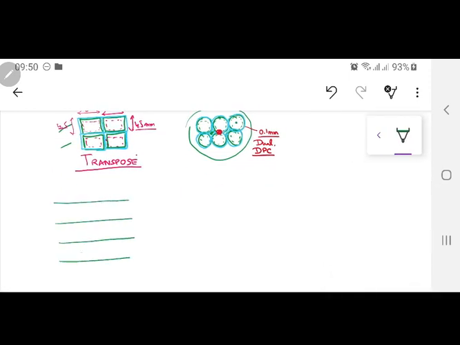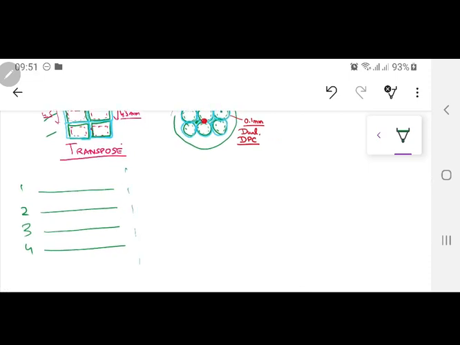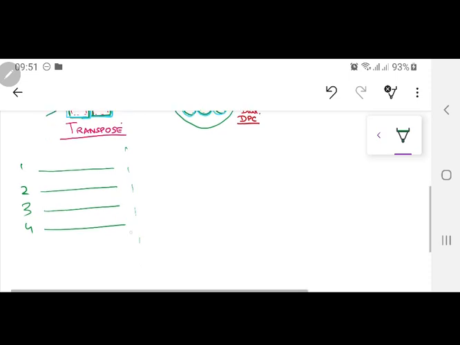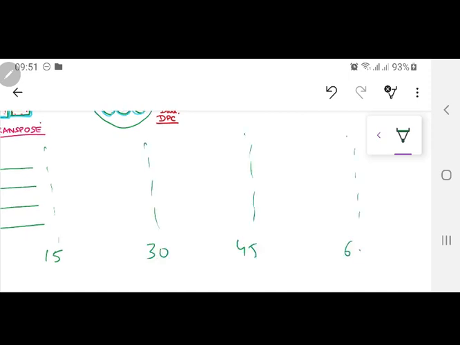These were 4 conductors making the low voltage winding. Suppose there were 60 turns in the low voltage winding, just for example. Up till this point this is 15, up till here 30, up till here 45 turns, and up till here 60 turns.